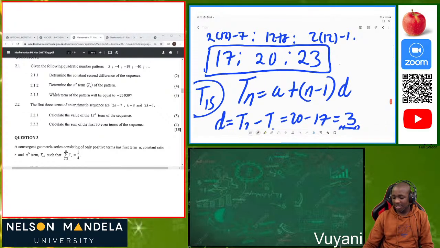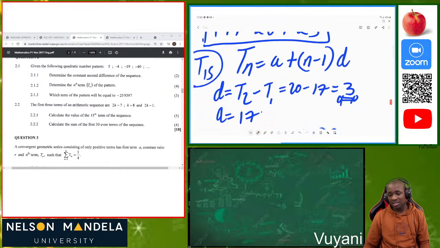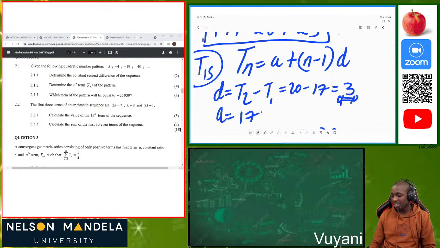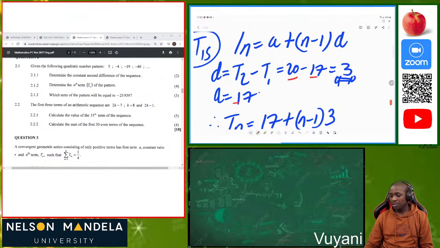Now we know that this is an arithmetic sequence, and in order for us to determine the general term or the nth term, we say Tn is equal to a plus n minus 1 times the constant difference d, which we calculated by saying term 2 minus term 1. Then we got positive 3. And our a is always 17.